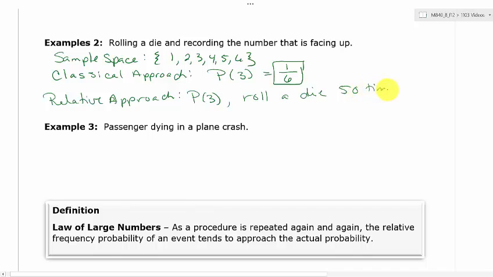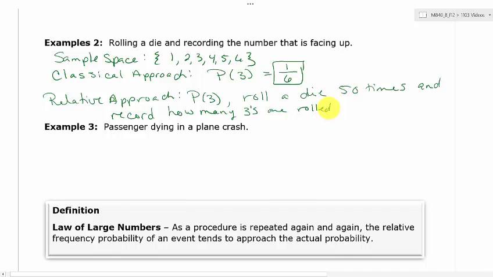You would set how many times you were going to roll the die. You could roll it 50 times, 100 times, or 25 times, but you're going to roll it a specified number of times and record how many 3s are rolled.